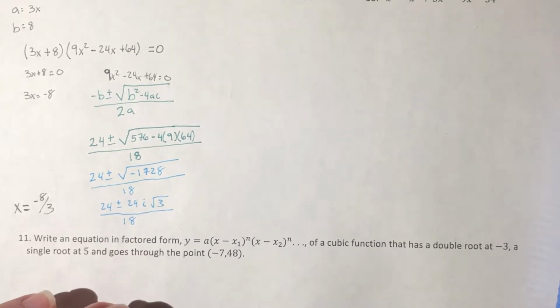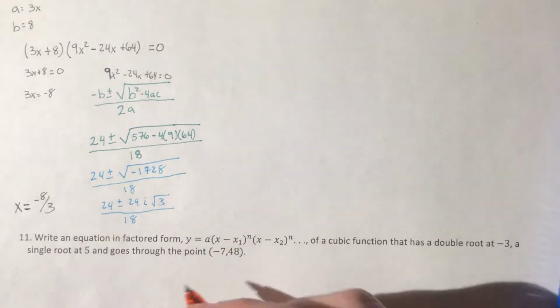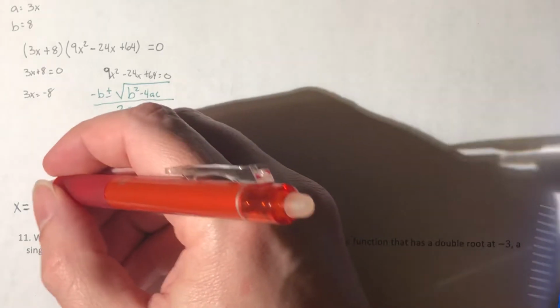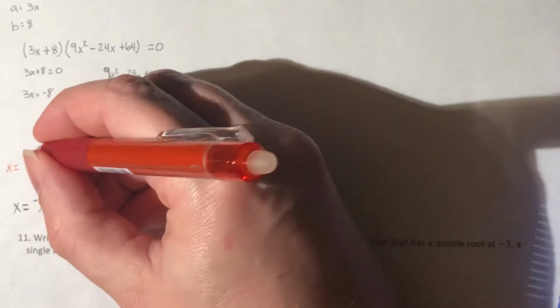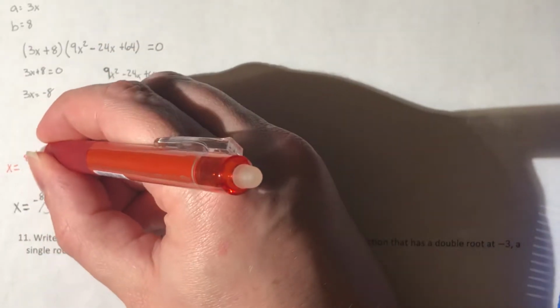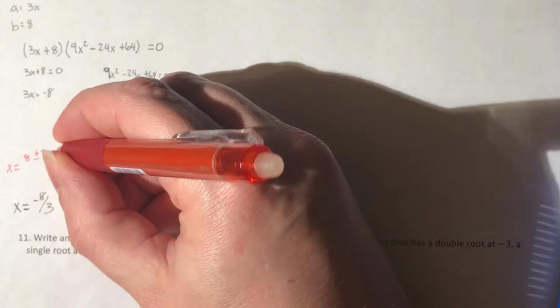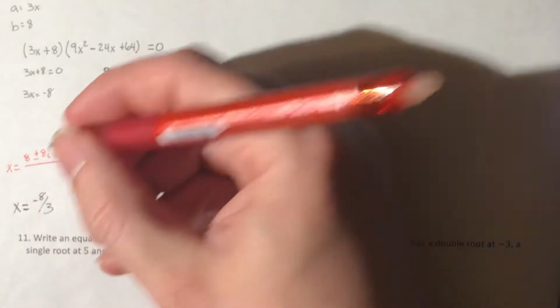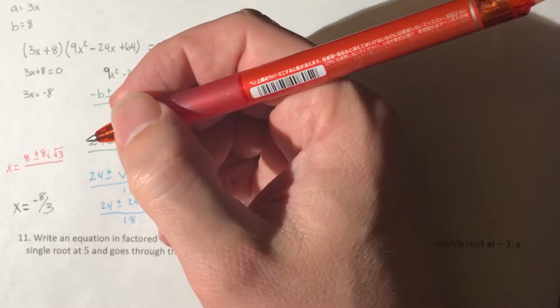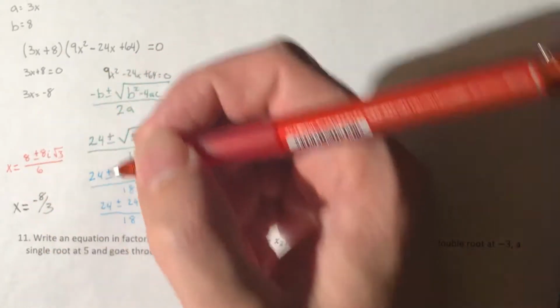So this ends up being 8 plus or minus 8i square root of 3 over 6.